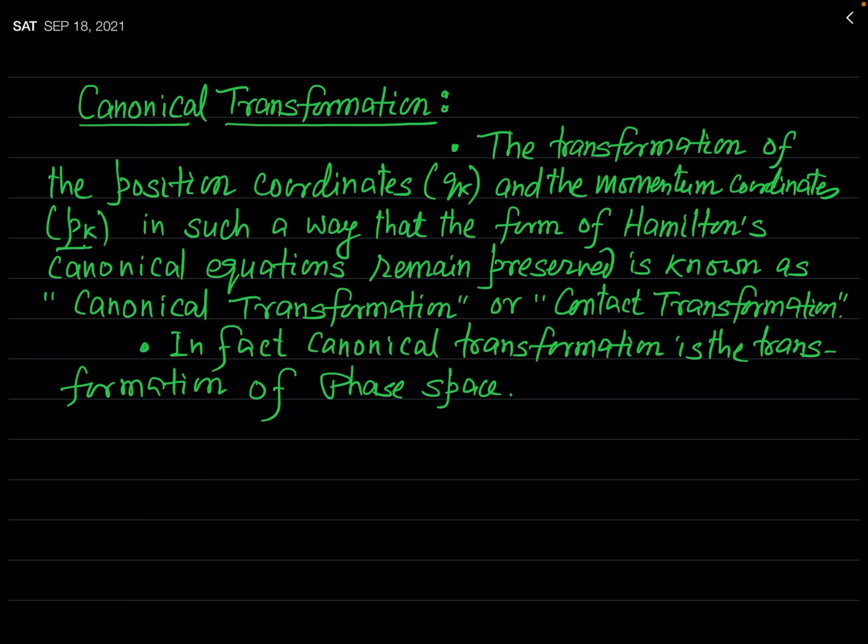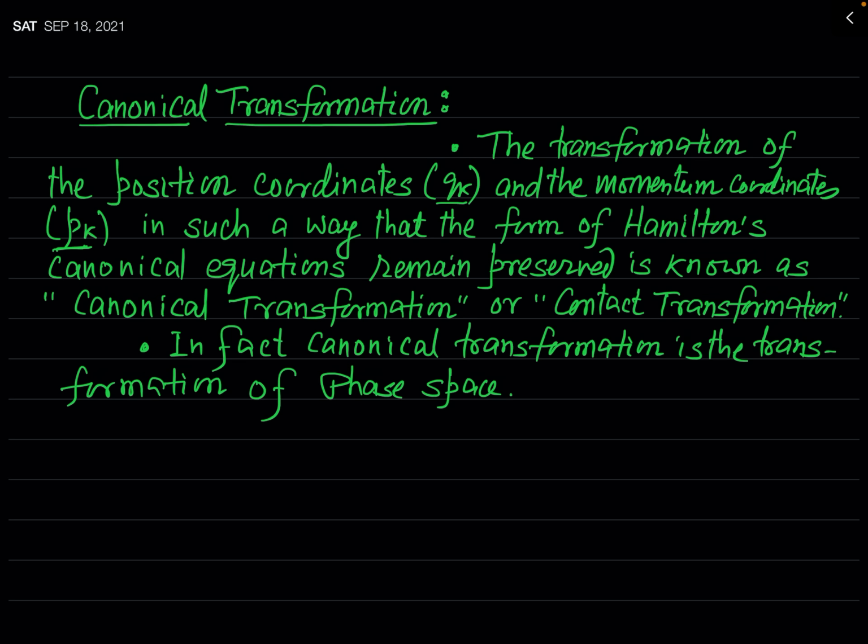So if there is a transformation of the position coordinate qk and the momentum coordinate pk, but in such a way that the form of Hamilton's canonical equations of motion does not change, it remains invariant, or you can say the form of these equations is preserved, then such a transformation is known as canonical transformation or contact transformation.